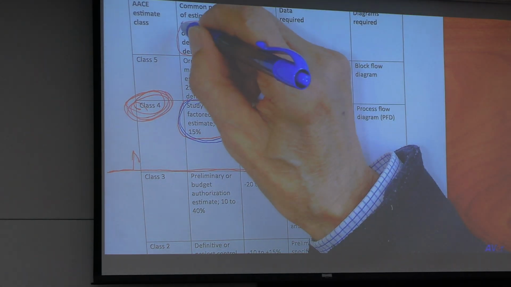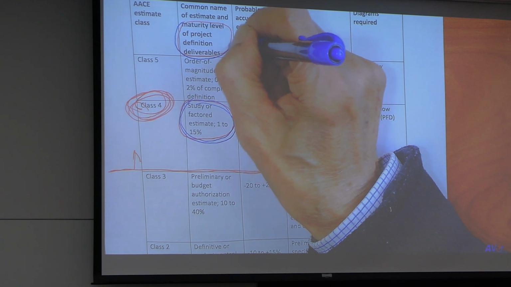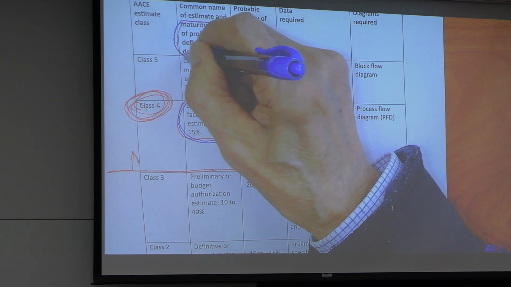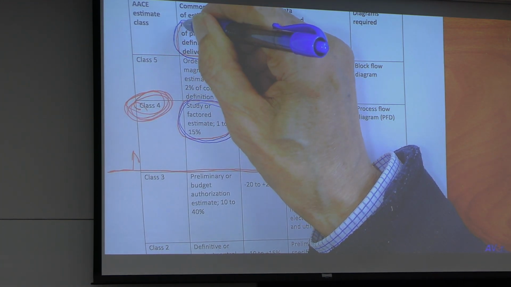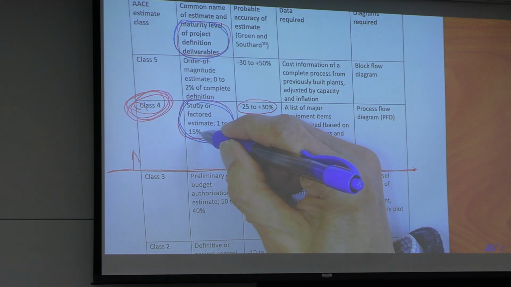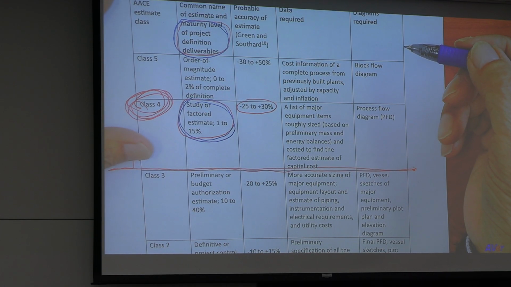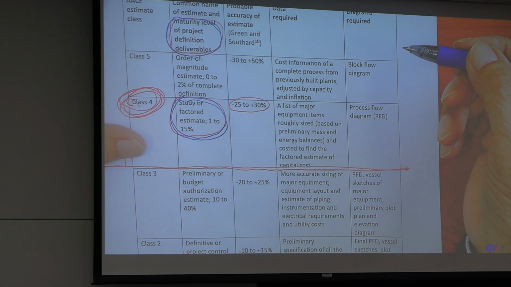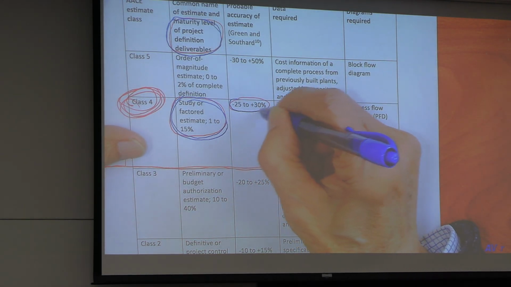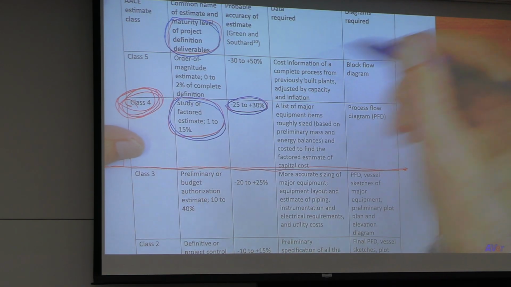What is the maturity level of project definition? Up to 15%. How accurate is your estimate? Minus 25% to plus 30%.